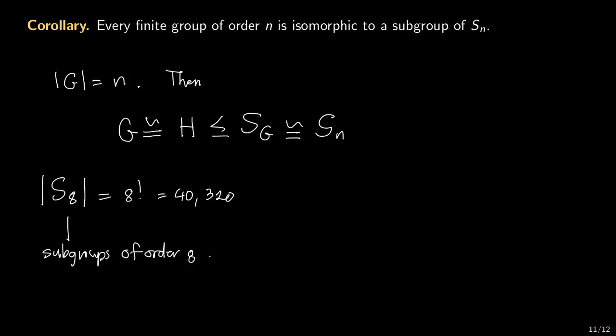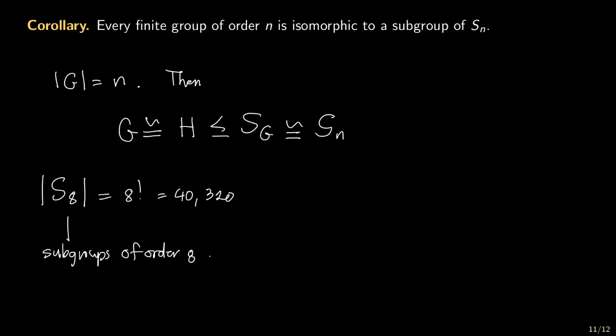So, although the result is very nice, because it gives us hope of getting all the groups of a given finite order, just imagine you want the set of all groups up to isomorphism of order 100. Then you have to get S sub 100, which has 100 factorial elements. Oh my gosh. And then try to look for the subgroups of it with 100 elements only.